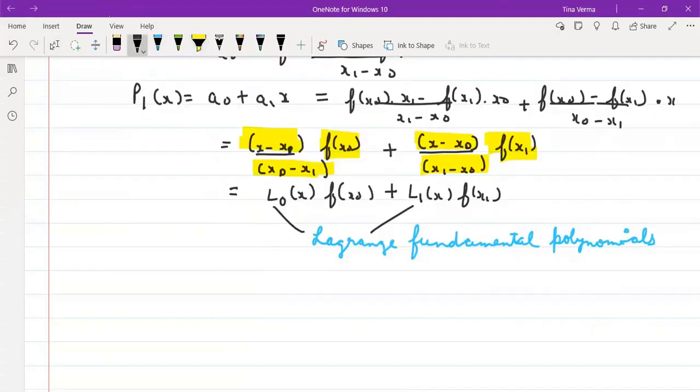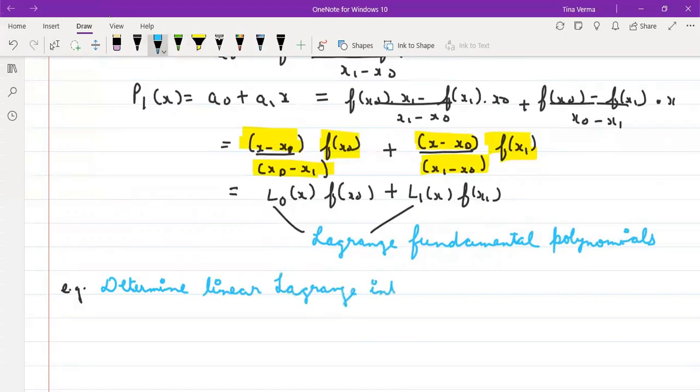So next, the example over here is: determine the linear Lagrange interpolating polynomial that passes through the points which are given to you, that is (2, 4) and (5, 1).